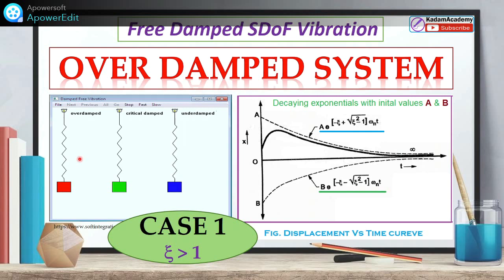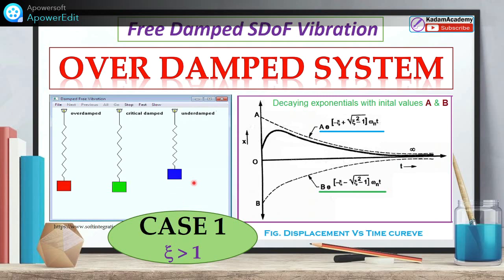When zeta is greater than 1, it is the overdamped condition; when zeta is equal to 1, the critically damped; and when zeta is less than 1, underdamped. You can observe this motion, how the overdamped, critically damped (green color), and the underdamped motions are there.